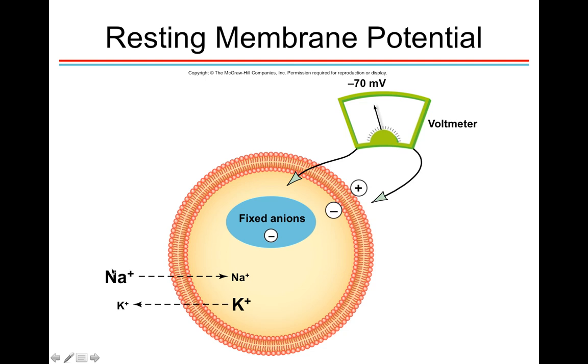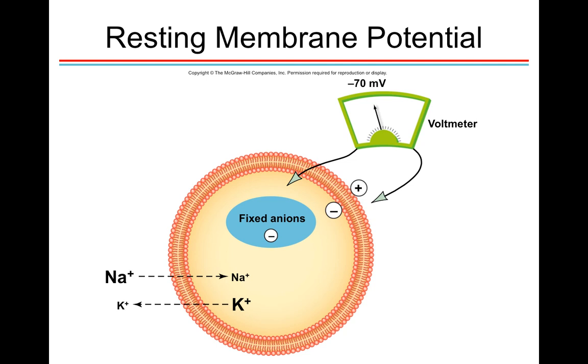Now, the sodium concentration gradient wants to move sodium inside the cell, and the potassium concentration gradient wants to move potassium outside the cell. But this imbalance, having more sodium on the outside and more potassium on the inside, is produced artificially, or by active transport, I should say, by the sodium-potassium pumps.